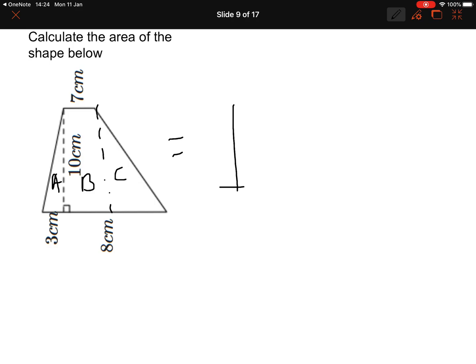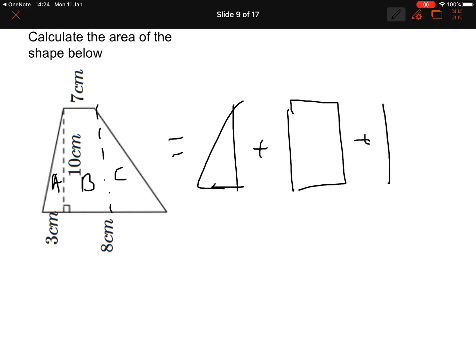So in a sense, what you've got is a triangle like this, plus the area of a rectangle, which looks like this, plus the area of another triangle, all right? And these triangles are right angles, all right? So the height is just on the side, all right?